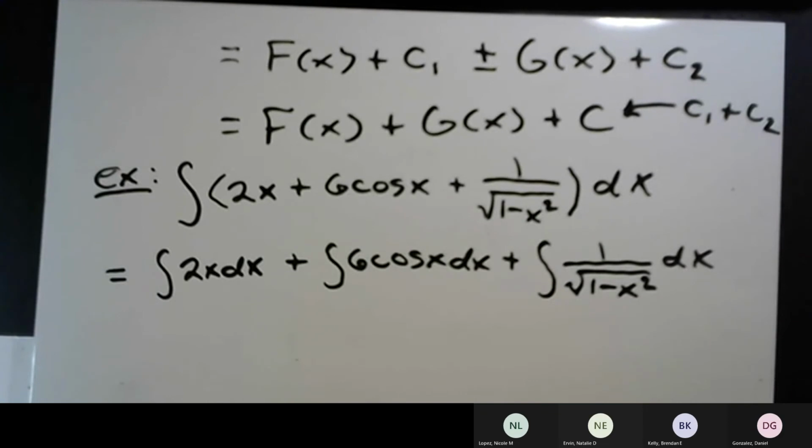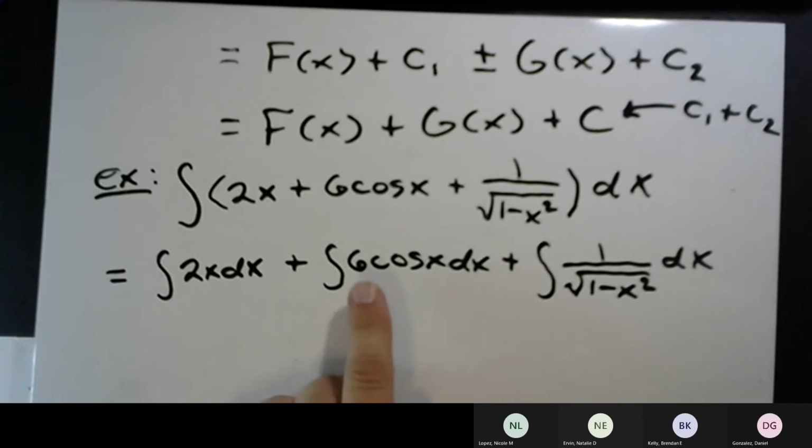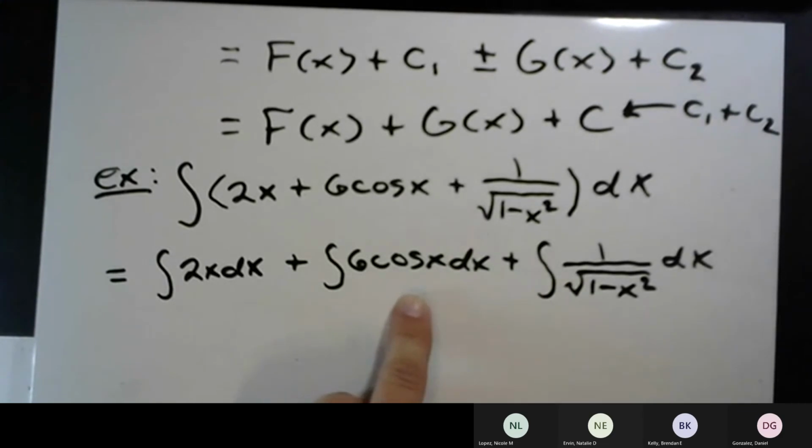Now, taking a look, we know the antiderivative of 2x is x squared. For 6 cosine x, the 6 can pop outside the antiderivative and then we do the antiderivative of cosine x, and we know that's sine. And we know the antiderivative of this last one is sine inverse.